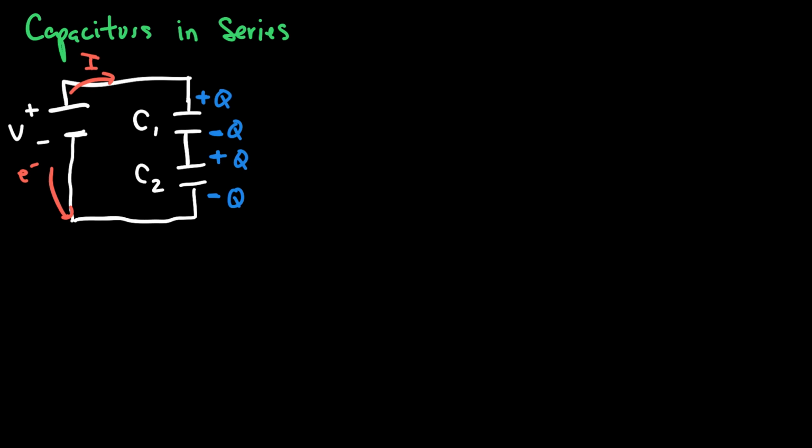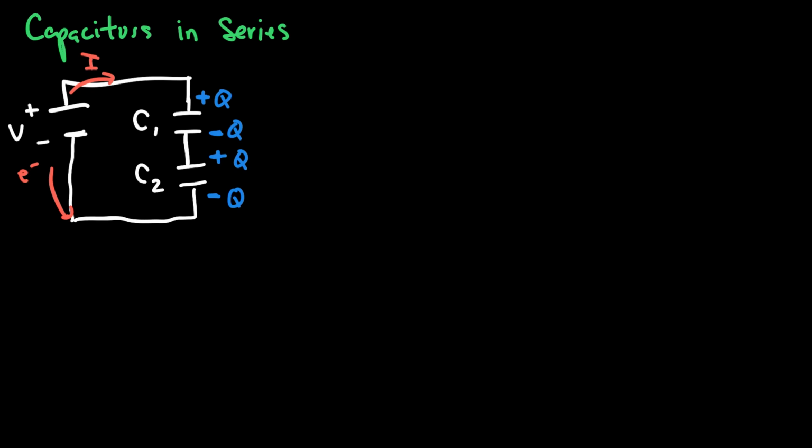And so the charge on capacitor C1 is equal to Q, and the charge on capacitor C2 is equal to Q. And so for capacitors in series, the voltage is not the same. The voltage drop across those capacitors is not necessarily the same, but the charge on the two capacitors is the same.